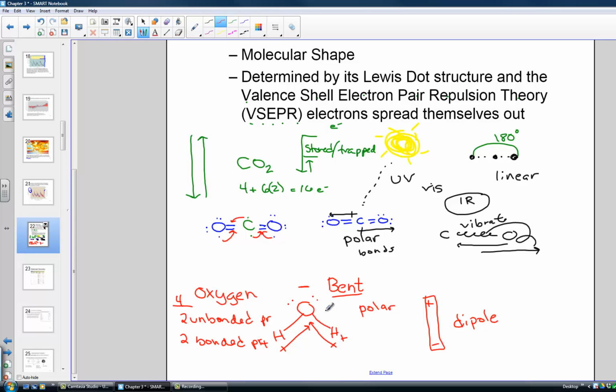However, water's molecular geometry had 2 lone pairs and 2 pairs that were bonded. When this happens, the molecule is said to be bent in its geometry. And you'll see this approximately 109, but the electrons push it aside, somewhere close to 104.5 degrees in terms of the bond angle between H and H.